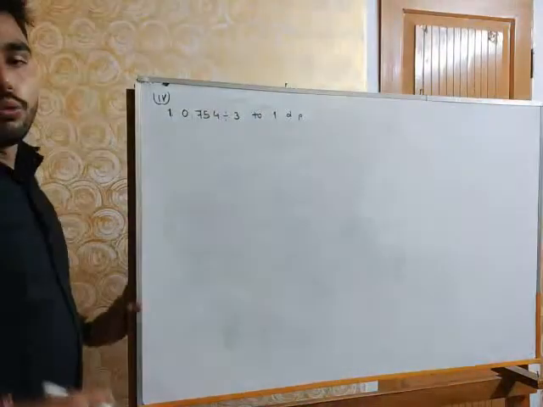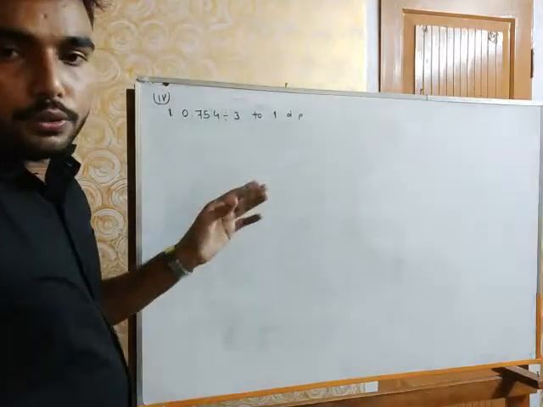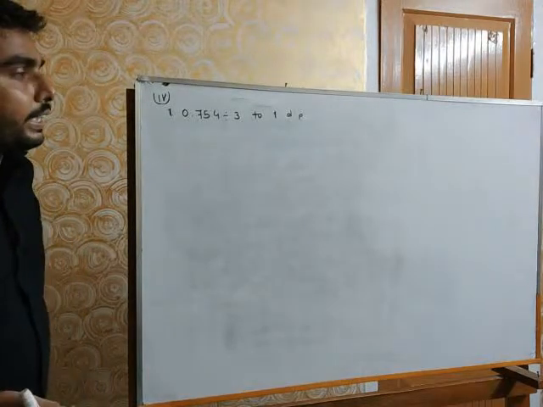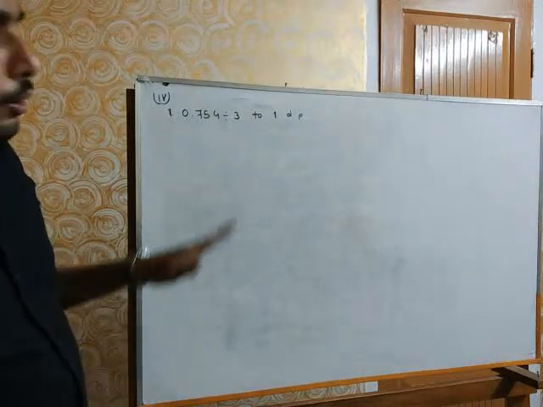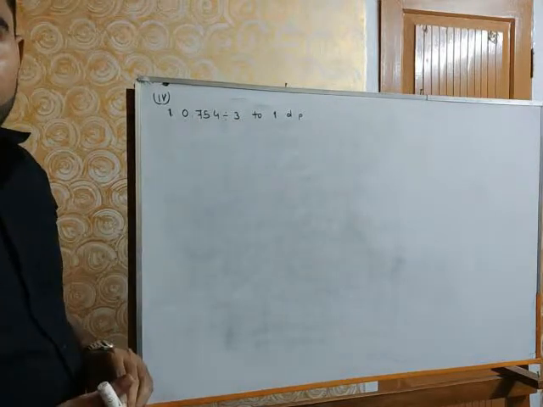This is the question, isn't it? So what you need to do, you have to divide 0.754 by 3. Now the number which will divide is 3. Is the board clear, everyone? Yes, Zubair, good evening.